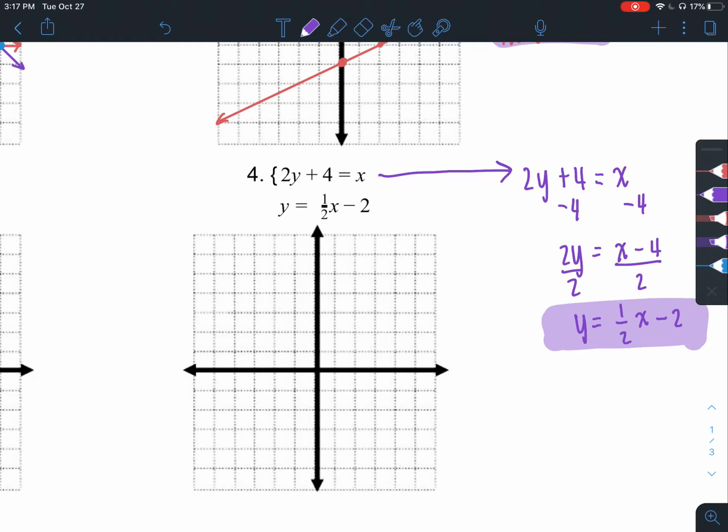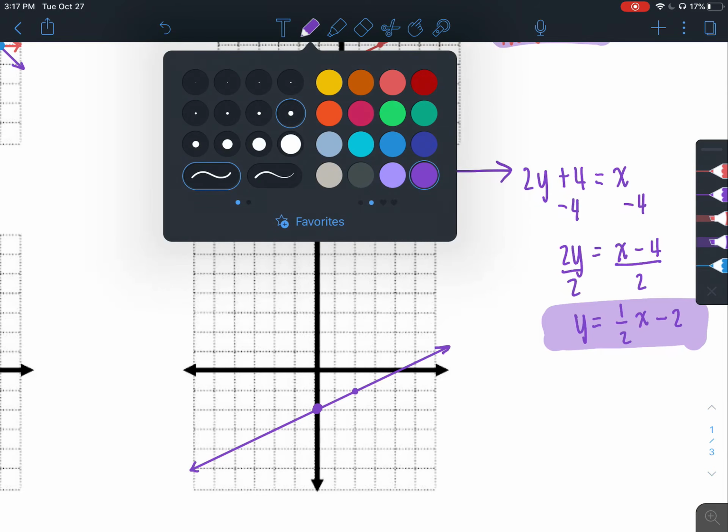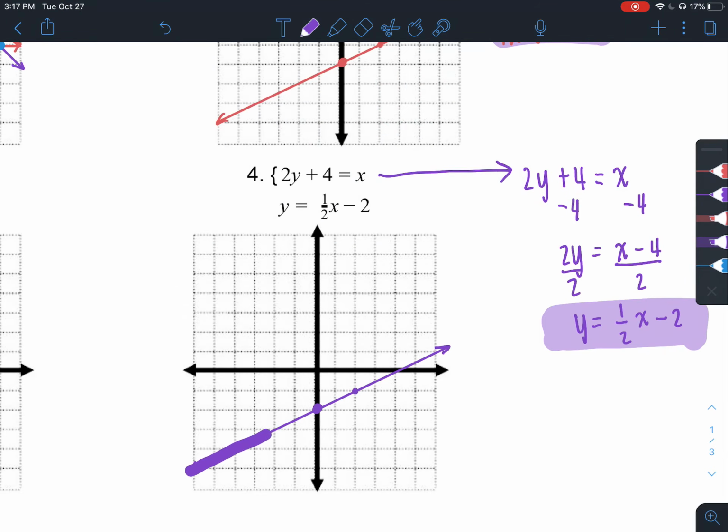I'm going to go ahead and graph that line. So -2, up 1 over 2. There's that line. Actually, I'm going to make it a little bit bigger. You'll see why I make it big in a second.